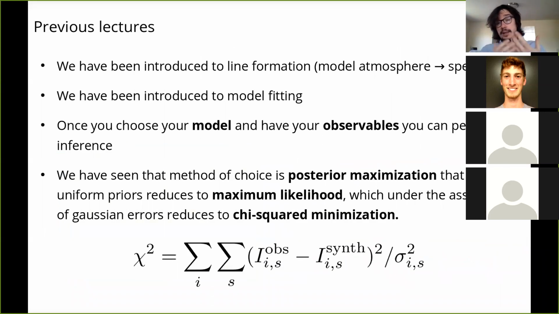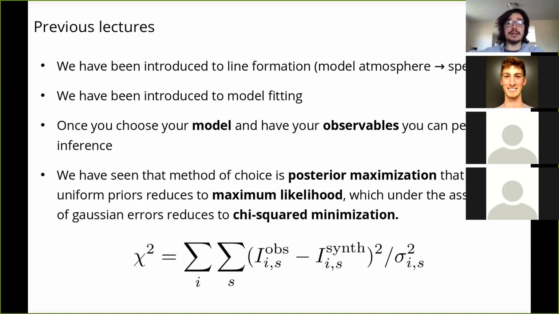We also had 2 classes, one theoretical, one hands-on, where we spoke about model fitting and inference, not even connected to solar spectropolarimetry. We know that once we choose our model, have our observables, and know what our model parameters are, we can perform some sort of inference.